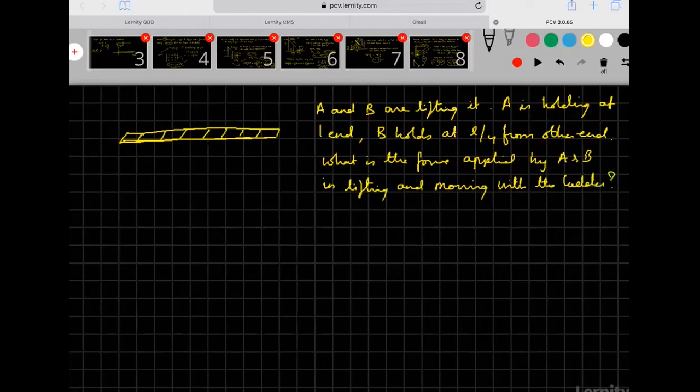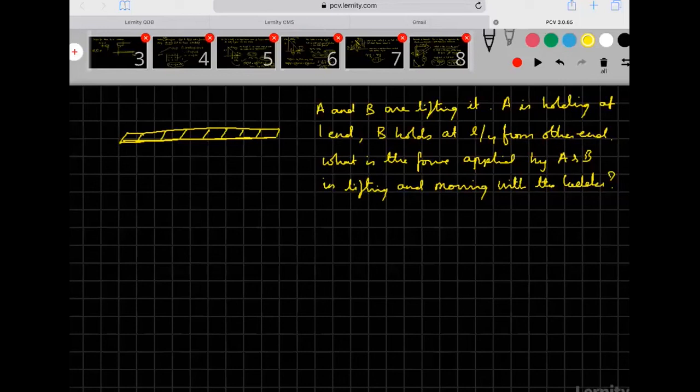A and B are lifting it. A is holding it at one end, B holds at L by 4 from the other end. What is the force applied by A and B in lifting and moving the ladder?